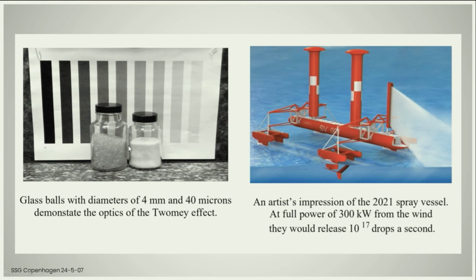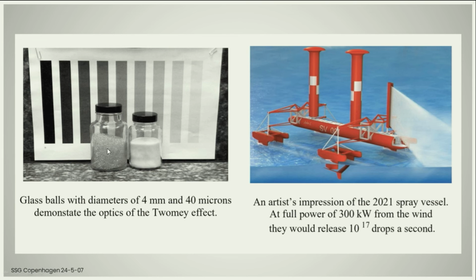So you can see how the size of the particles matters. If we look at glass beads ground up, here we have glass beads in this bottle ground up into 40 millimeter diameters, and it's quite dark.